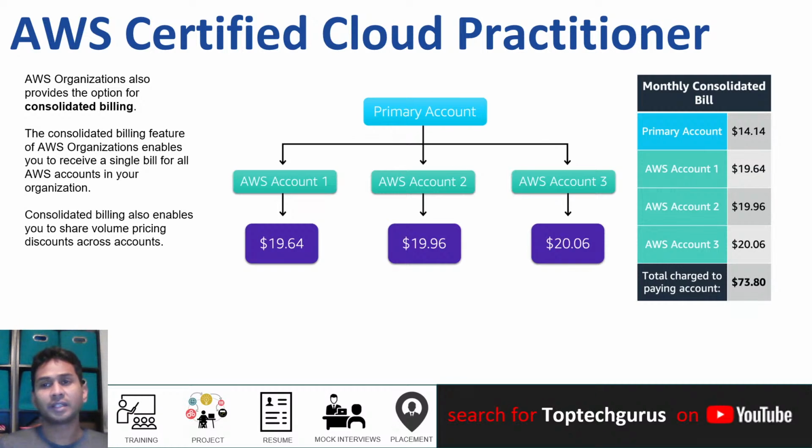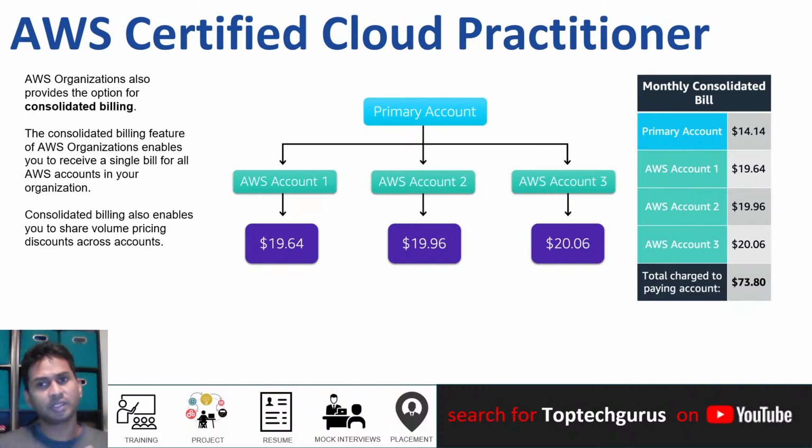The biggest advantage of getting a consolidated bill is your ability to get volume pricing. For instance, for storing S3, at about 10 GB per month, AWS gives you a discount. Say AWS account 1 does 6 GB, account 2 does 5 GB, and account 3 does another 5 GB.